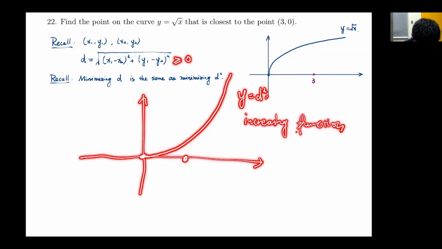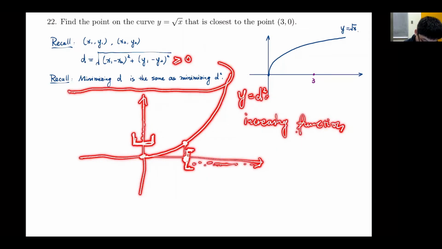If this is the smallest possible value d can take, then this will be the smallest possible value d squared can take. By saying that this is the smallest possible value d can take, this means all the possible d is sitting to the right, and then all the possible values of d squared will be above this point. And this fact holds vice versa. If this is the smallest possible d squared can take, then this will be the smallest possible d can take. So this is how to see that the minimization of d squared is the same as the minimization of d.